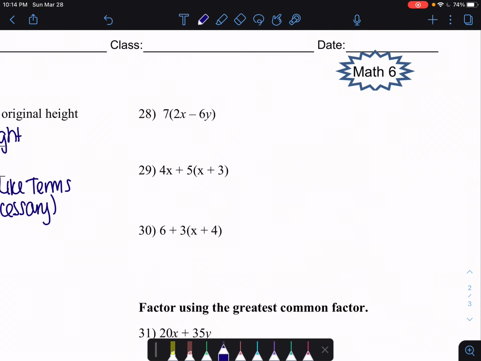Number 28 is just the distributive property. So 7 times 2x minus 7 times 6y. So 14x minus 42y.